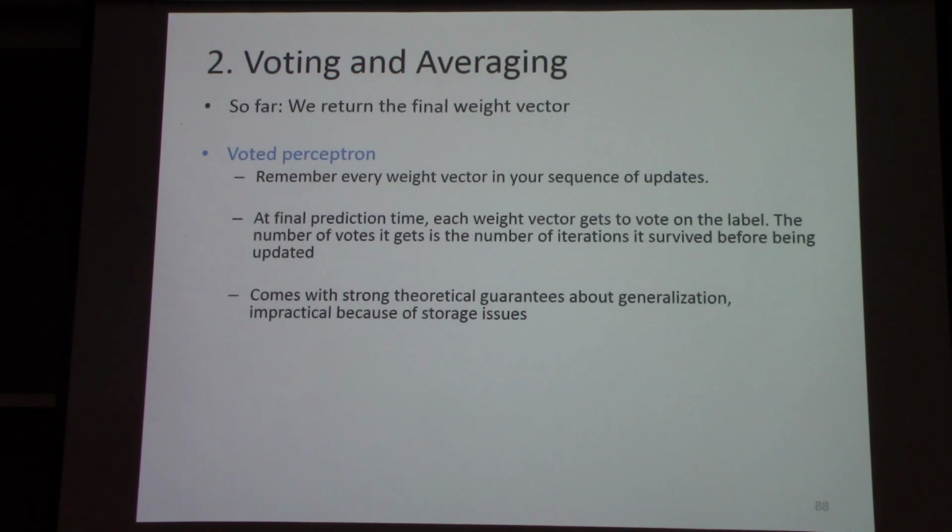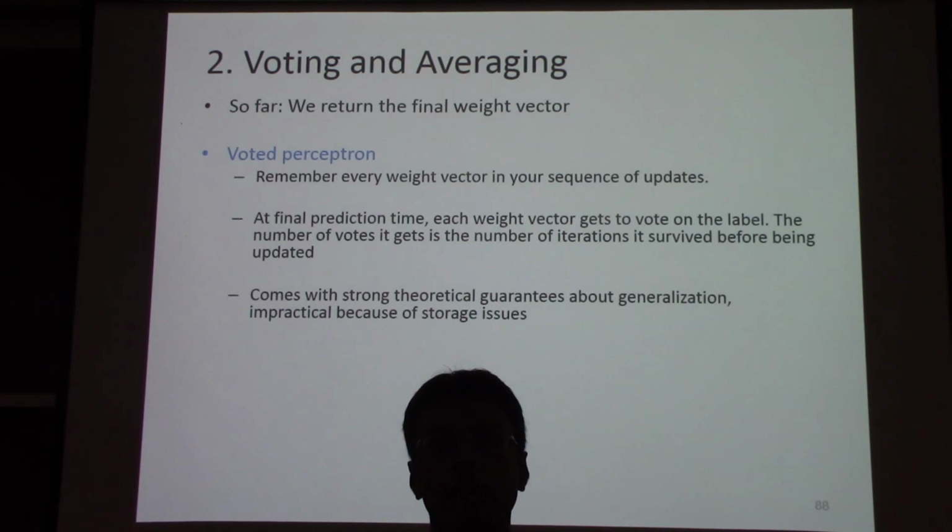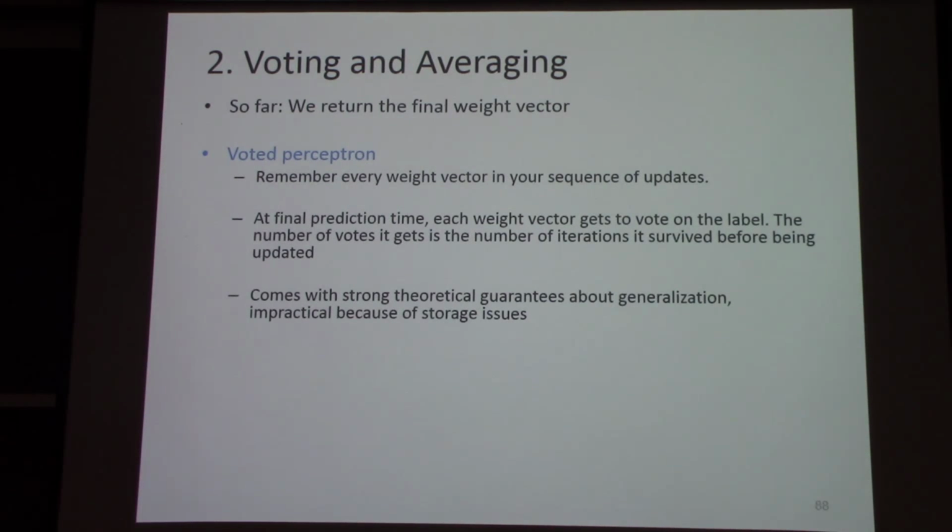It turns out this kind of classifier comes with very strong generalization guarantees in terms of what is called PAC learning. In terms of future performance, voted classifiers come with guarantees that they will do well on future data. We haven't touched PAC learning yet, so for now let's just say they come with strong generalization guarantees, which is the good news. The bad news is that this is a nightmare to implement, because there isn't enough memory in the world to keep track of every weight vector that you can ever encounter.